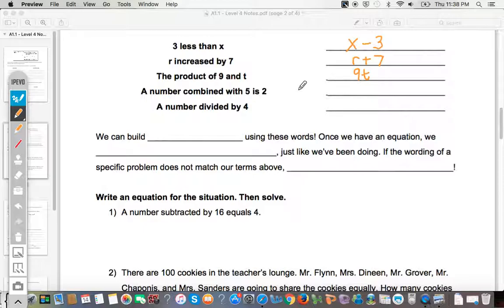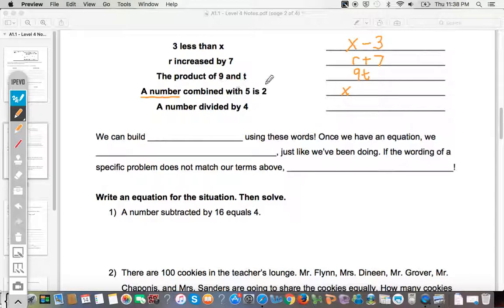Next we have a number combined with 5 is 2. So we need to represent this number. We don't know what it is, so that means it's an unknown, so we'll use a variable. For example, let's use x.